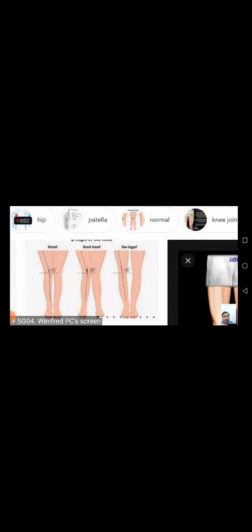The angle which forms between these two lines is called the Q angle.